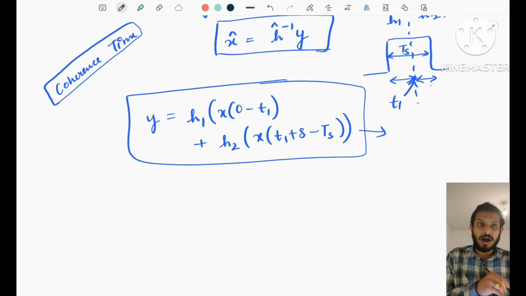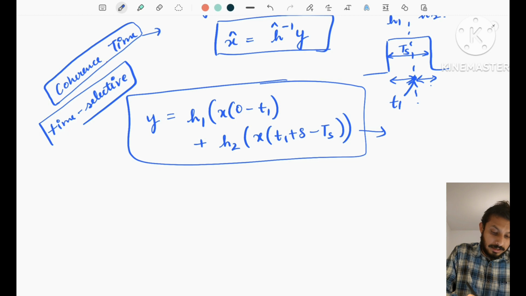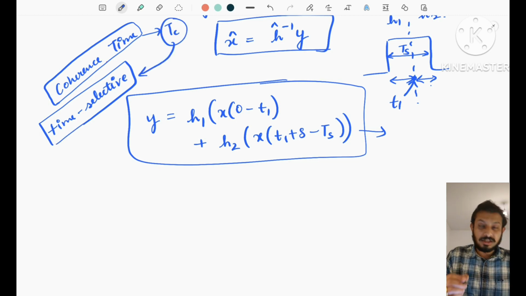Both are related to each other, as we have seen earlier, through the carrier frequency and the real part of it. And then we have seen the time selectivity of the channel. Once we have this coherence time Tc, we can compute whether the channel is a slow fading channel or a fast fading channel.